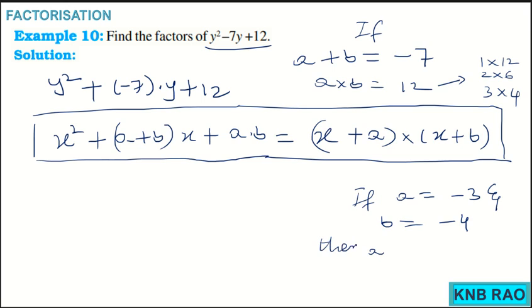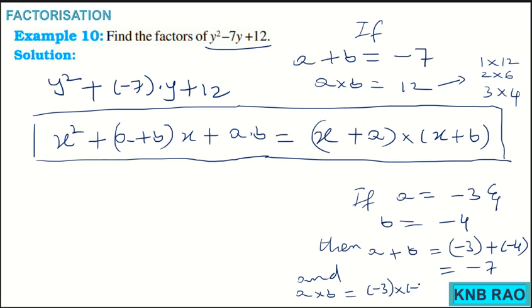Correct now? Their sum, minus 3 added to minus 4, gives minus 7, and their product a into b becomes minus 3 into minus 4, which is minus into minus plus, 12. Now the values of a and b suit, as well as their signs.